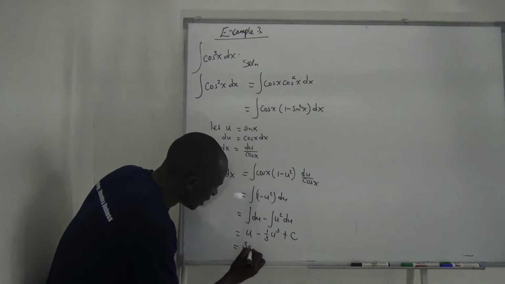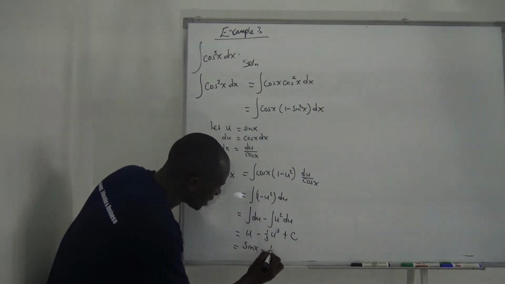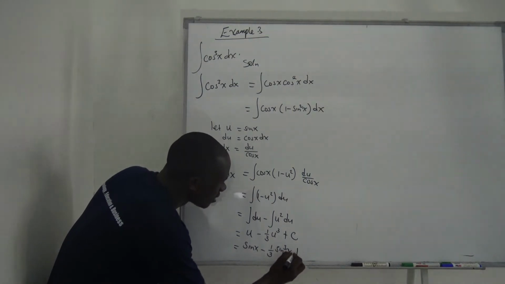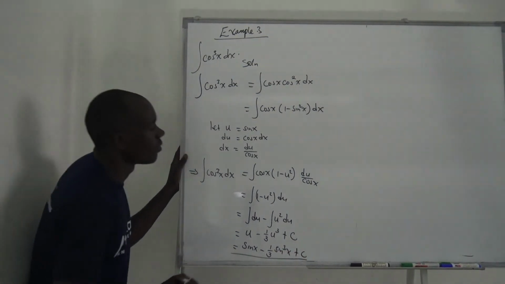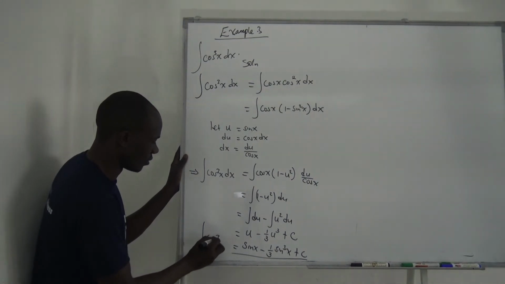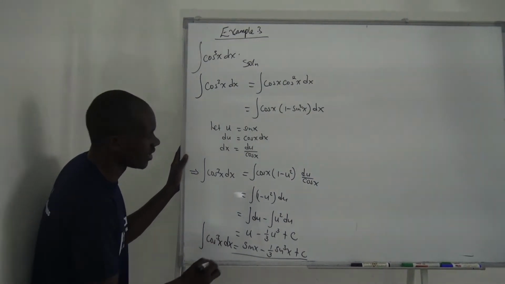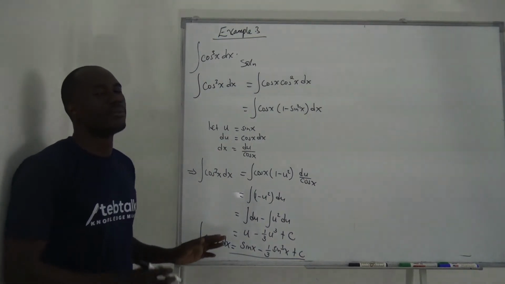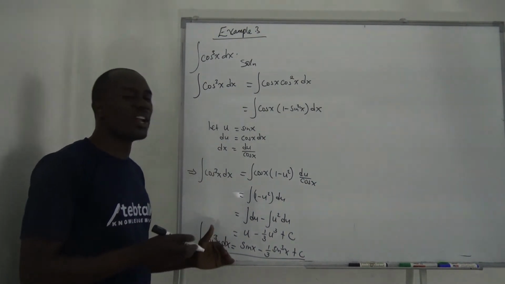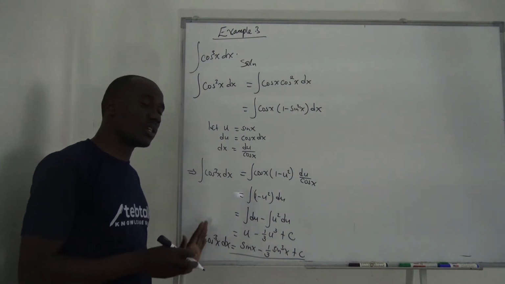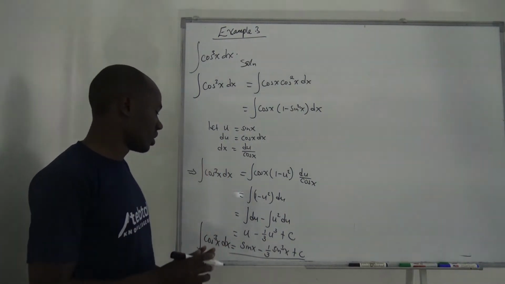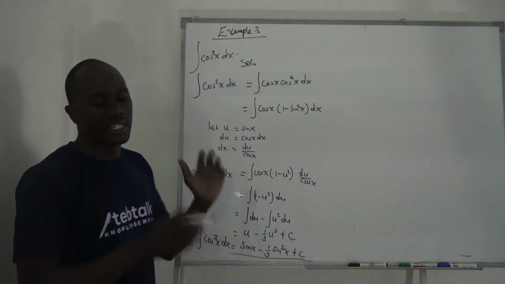We get sine x minus a third sine cubed x plus the constant of integration, which is the integral of cos cubed x dx. That's how we can integrate cos cubed x with respect to x.